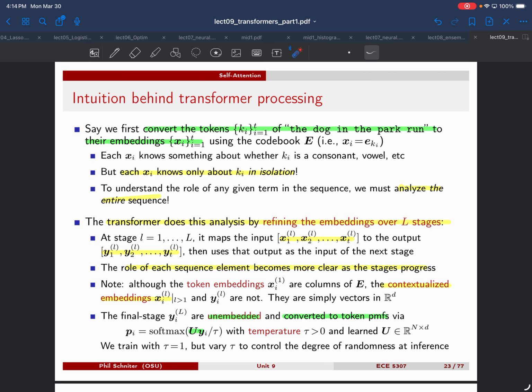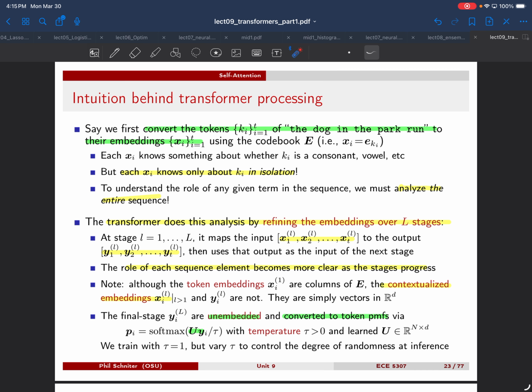And then once we're done with all our processing, we then have a sequence of embeddings. But those new contextualized embeddings, you're not going to find them in the codebook exactly. So you need to bring them back to that world of the codebook, and you can do that in 2 steps. So first, you unembed them using multiplication by a matrix.